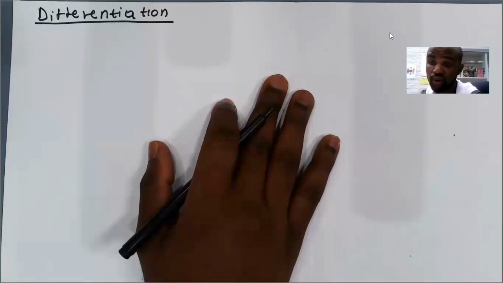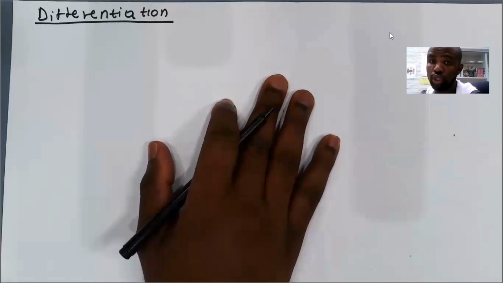So now we will continue with our derivation, but now we will do the shorter way, where we use the rule we call the power rule.